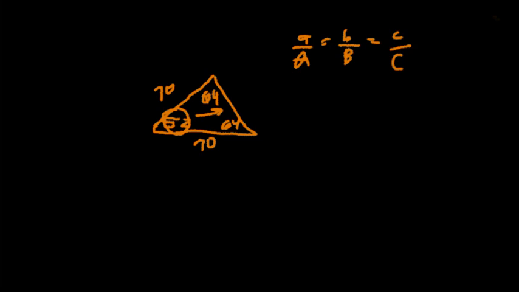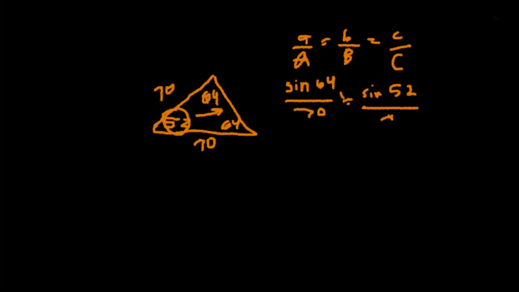So we know that sine 64, the angle measure, over 70 equals sine 52 over its missing side measure. I'll just say x for the missing side measure.